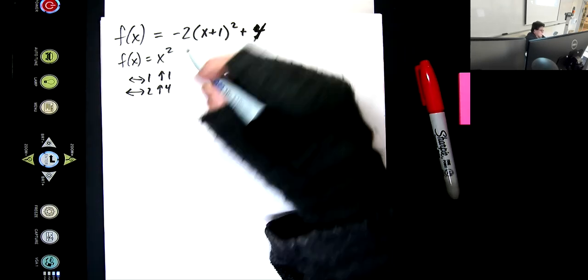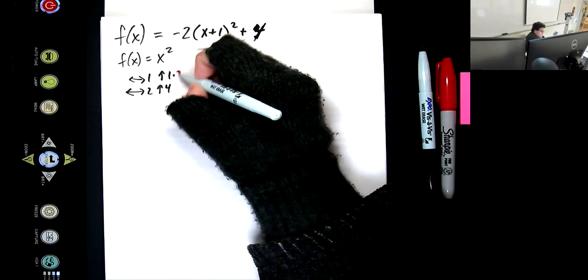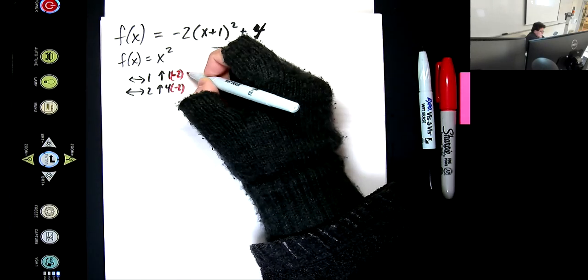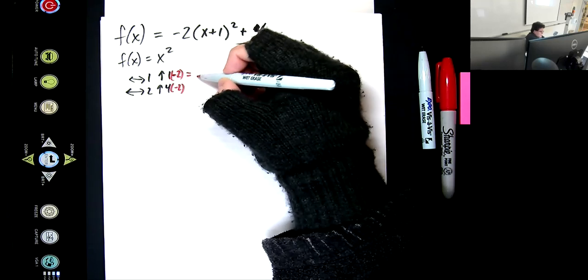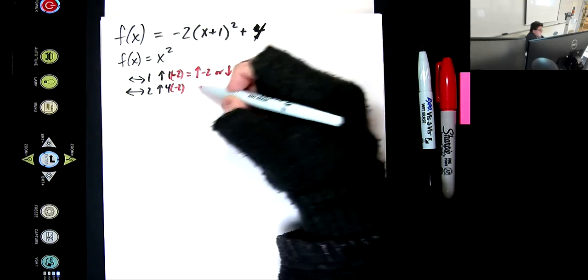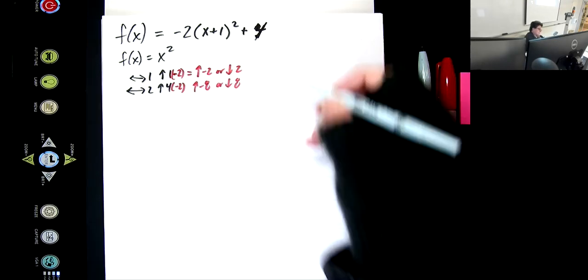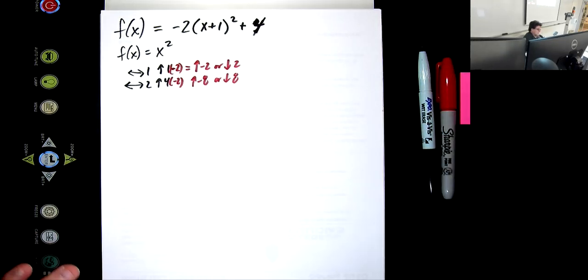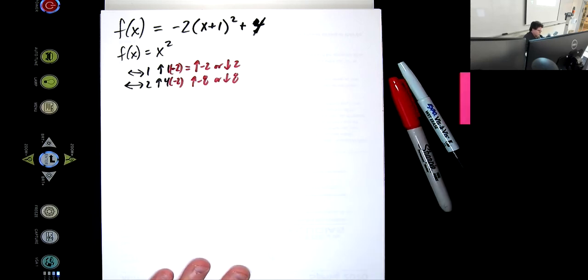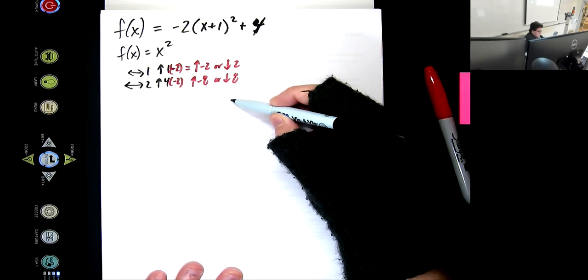It changes this up 1 and up 4 to times -2, which means up -2 or down 2, and up -8 or down 8. So the 2 doubles it, it stretches it, and the negative flips it. So we are going to be pointing downwards.